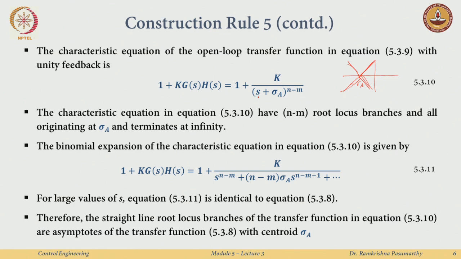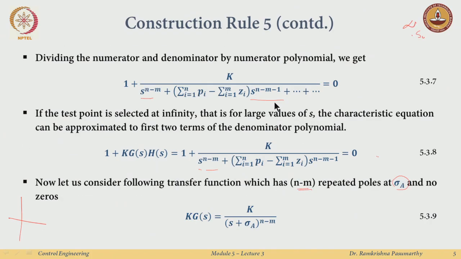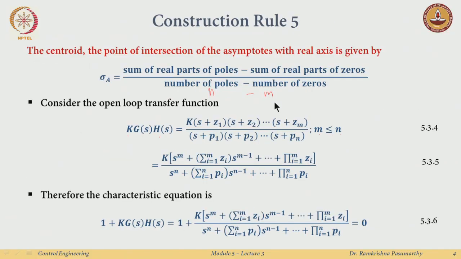Okay. Now, let me just expand this a little bit, right. So, this is like (s plus a) to the power n kind of thing. As we do the binomial expansion, and in the denominator I have again powers of s, n minus m, and then now I am just summing this way, right. So, if I just substitute this formula directly, summation of all the poles. How many poles are there? N minus m.